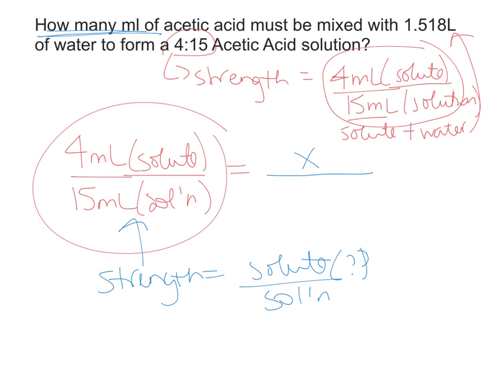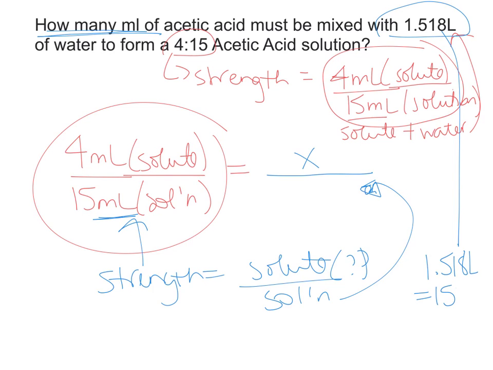And so now we've got to figure out what we're going to write in the solution. So it's telling us here that we're adding 1.518 liters. So remember again that we're working in mils, so the first thing that we would need to do is convert that to its milliliter equivalent, which is just multiplying by 1,000, so you get 1,518 mils.